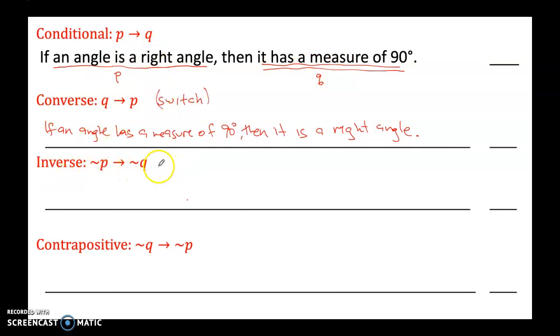Next, to get the inverse, we need to negate the hypothesis and the conclusion.